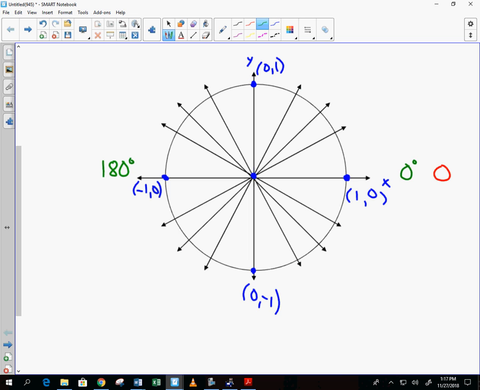A little over 3. What's the number just a little bit more than pi? There are exactly pi radians, or 3.14 radians, in 180 degrees. That's the basis of what we were taught yesterday.